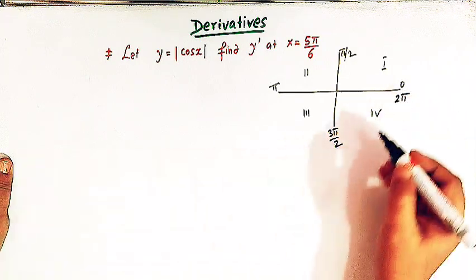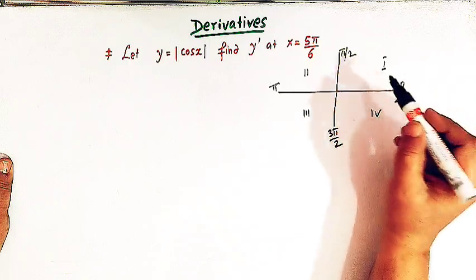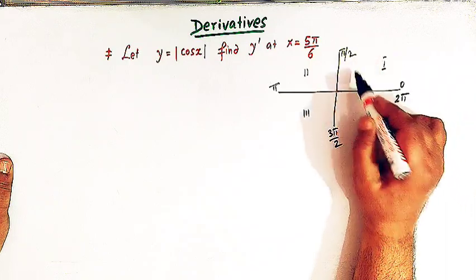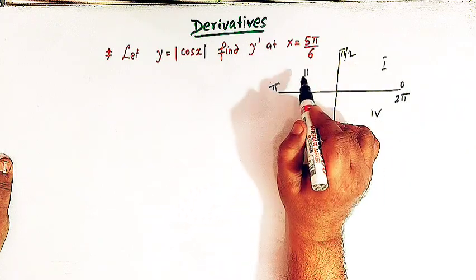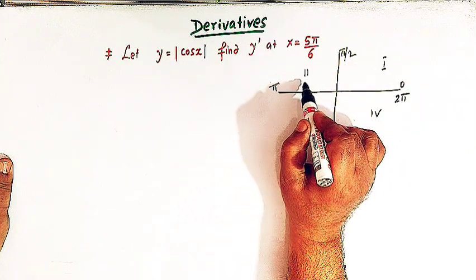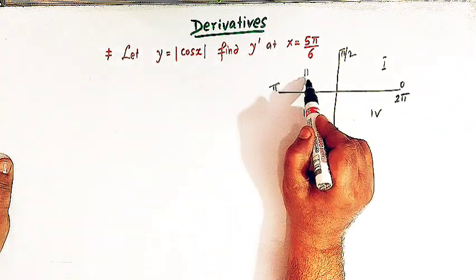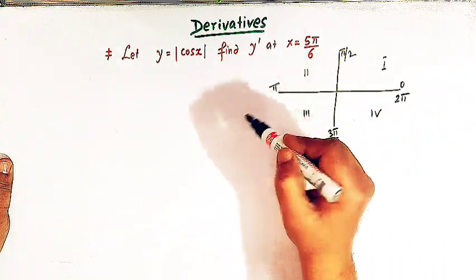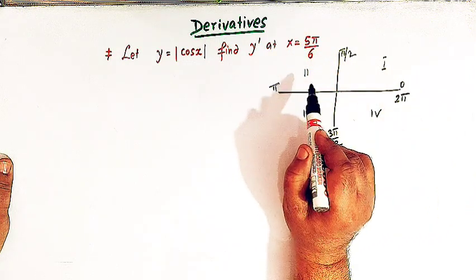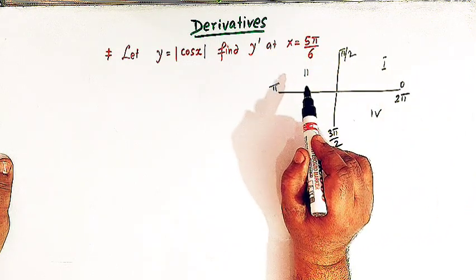Now we know that in the first quadrant all six trigonometric functions are positive. In the second quadrant the cosine function and the secant function are negative, and the other four trigonometric functions are positive.